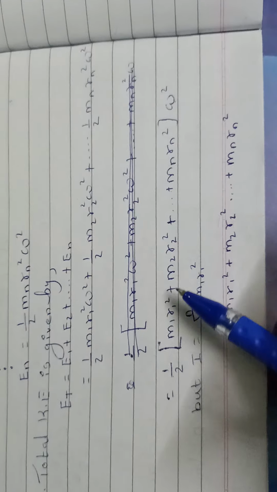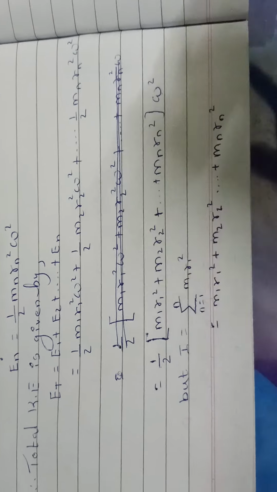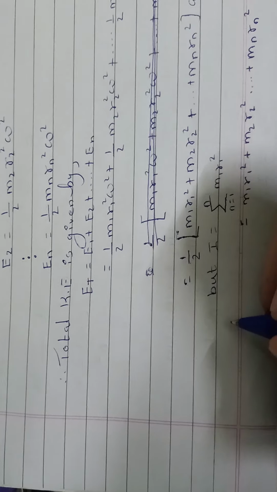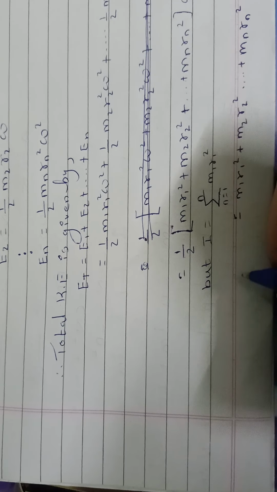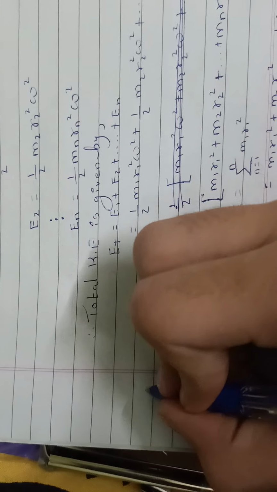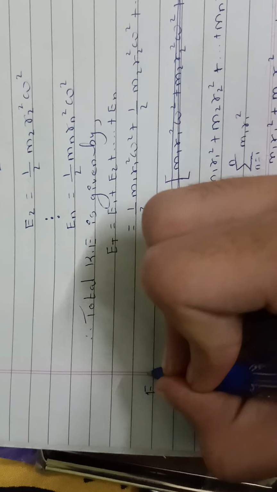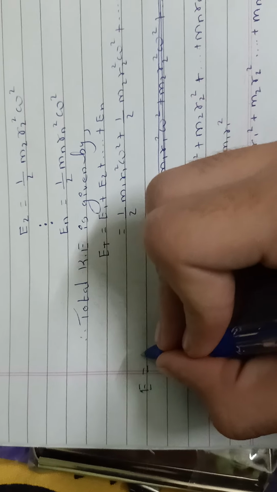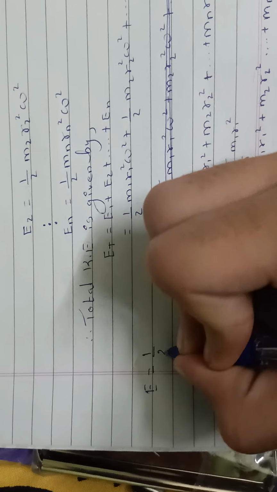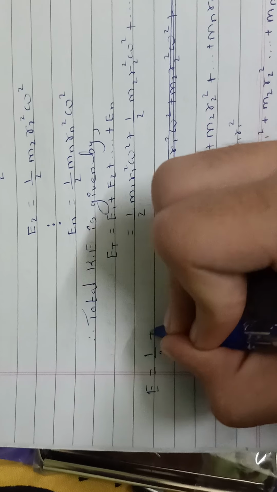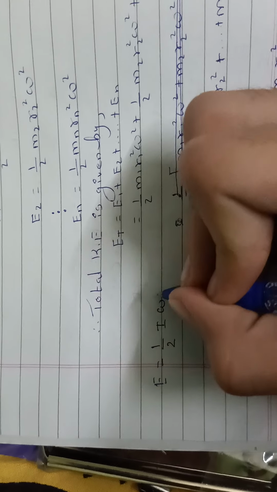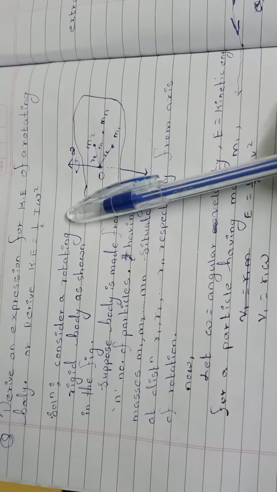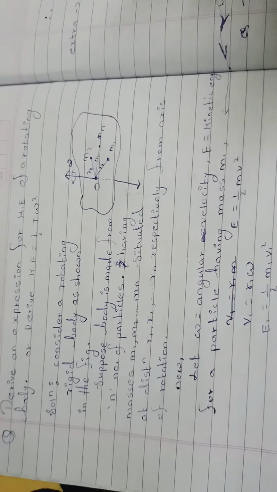Therefore instead of this we can write, E is equal to half I omega square, which we have proved. This is given in the question.